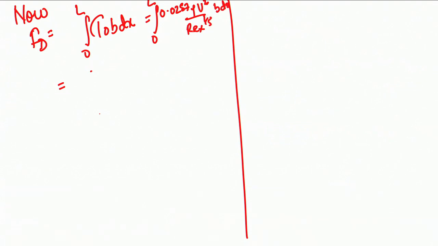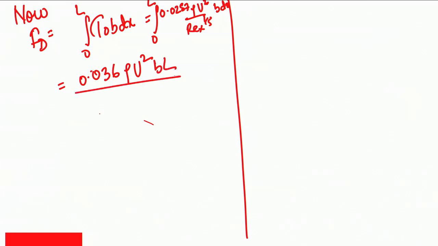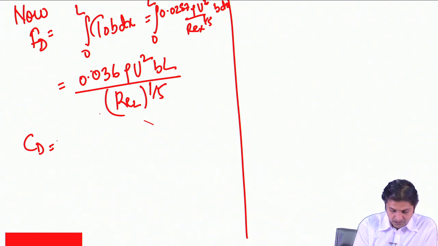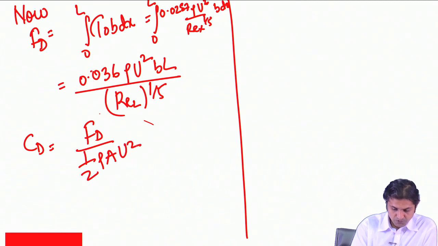Now, Re should be written in terms of U and x, the usual numbers, and Fd on simplification will come out to be 0.036 into rho capital U square BL divided by Re L to the power 1 by 5, and CD in the end will be Fd divided by half rho A U square.